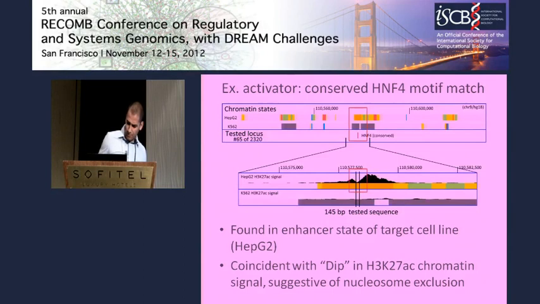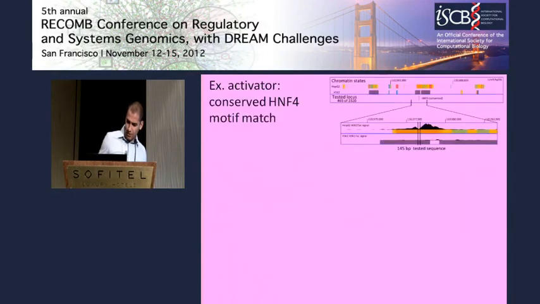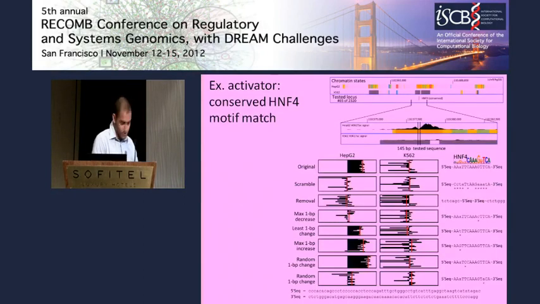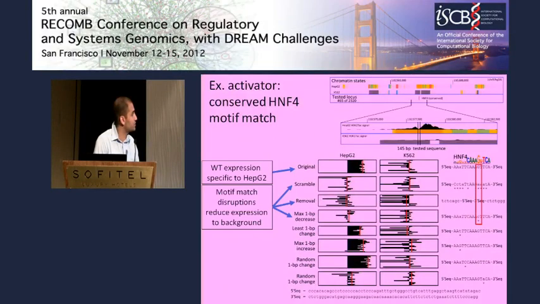And when we tested this sequence, what we found is robust expression in HepG2, but no expression in K562. This line here is kind of like the average. Now when we do the manipulations, so if we scramble, remove, or do the best possible decrease of the motif, here taking the G and changing it to a C, we see that the expression is basically abolished.